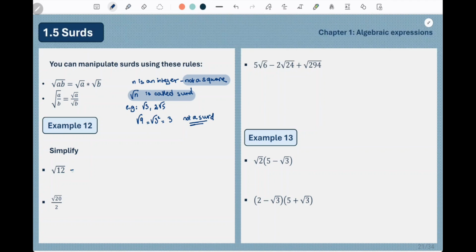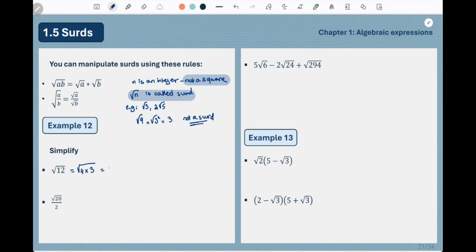So let's simplify square root of 12 in example 12. So 4 times 3. We're trying to write 12 in a way that we have a factor that is a square, so we can simplify. A way to write it is 4 times 3.